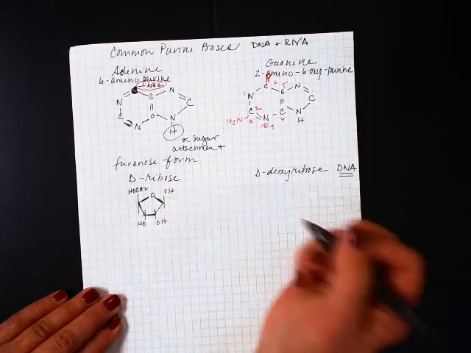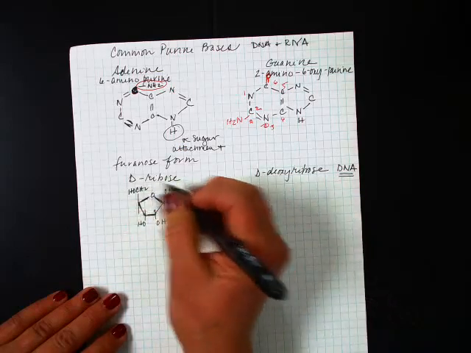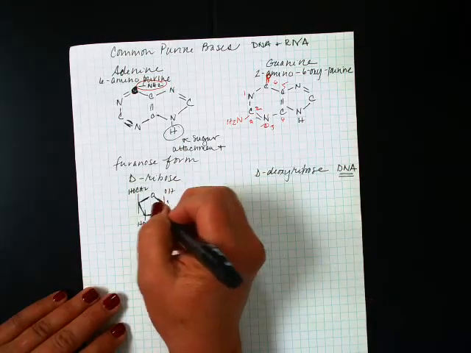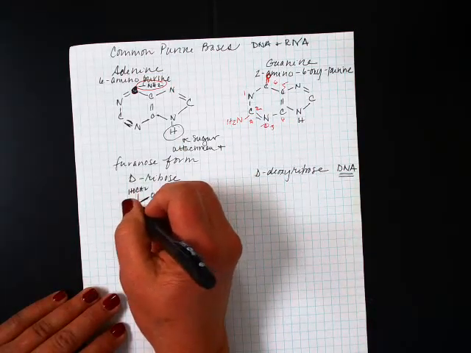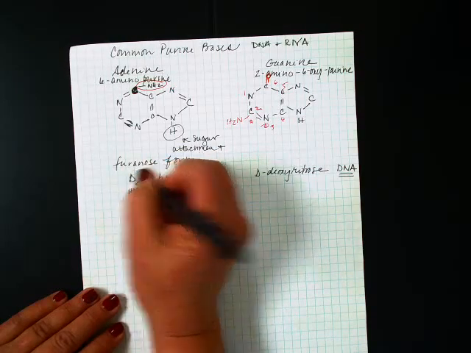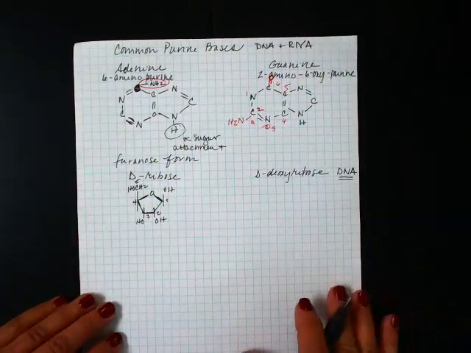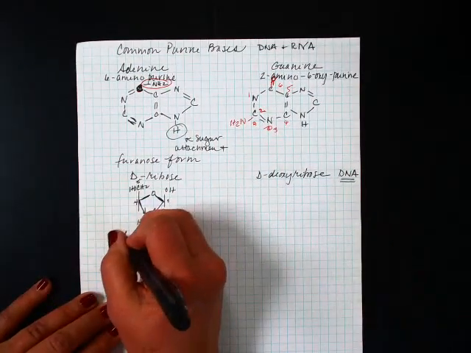Okay, this looks good. 1, 2, 3, 4, 5 carbons in our ribose. So this is beta-D ribofuranose.